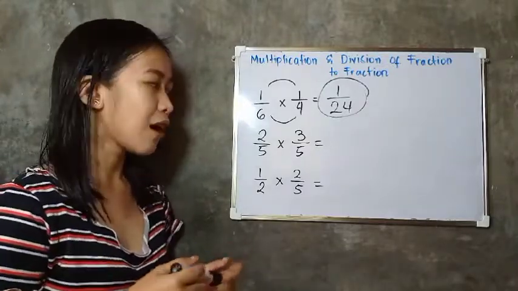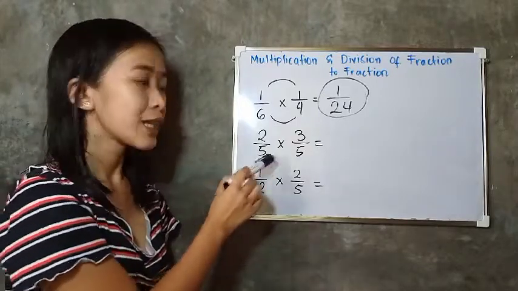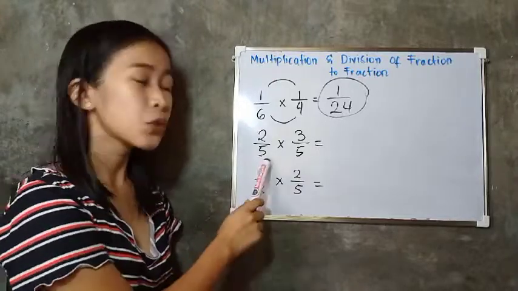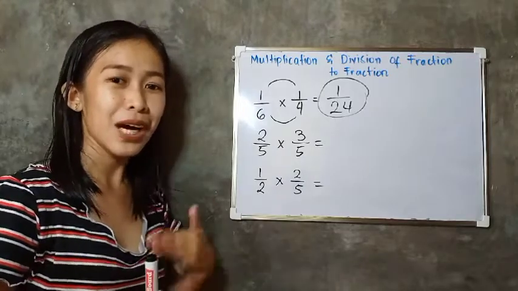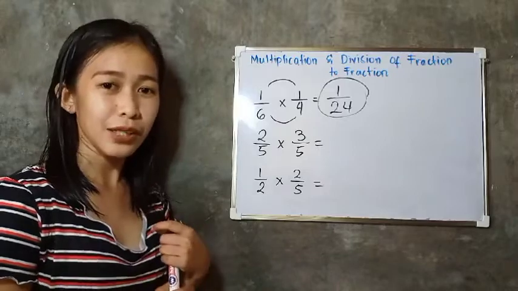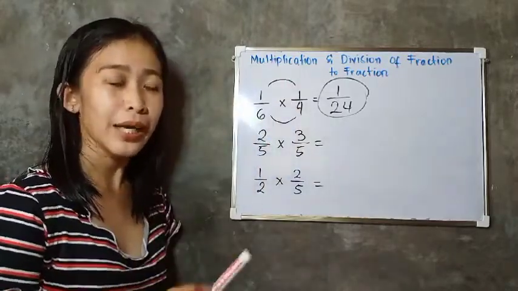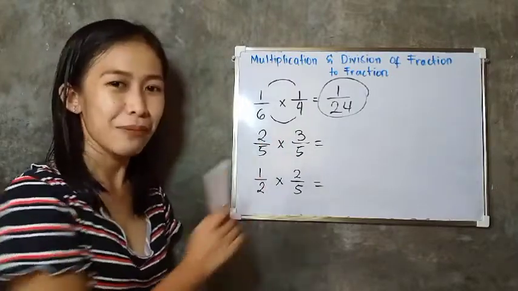Next, we have example number 2. 2/5 times 3/5. As you can see, we have 2 similar fractions, right? But again, as I said earlier, it doesn't matter whether they are similar or dissimilar fractions. As long as it is multiplication, you just multiply numerator to numerator and then denominator to denominator.